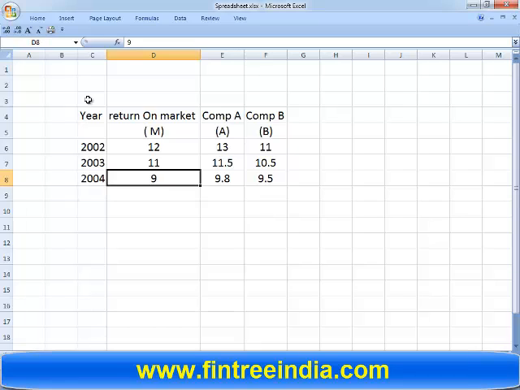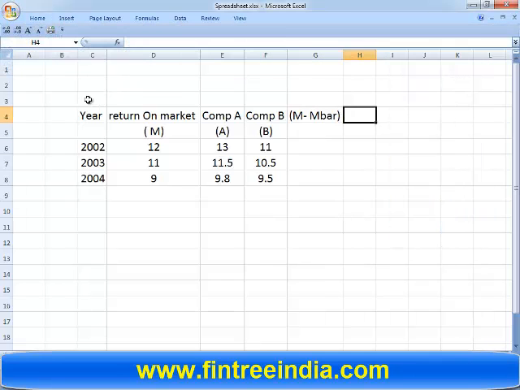What we are also going to need is m minus m bar square, which will help us calculate variance of the market, isn't it? So the first column that we will make here, we will say this is m minus m bar. Okay, wait for me to make all the columns. Then you can say m minus m bar square.